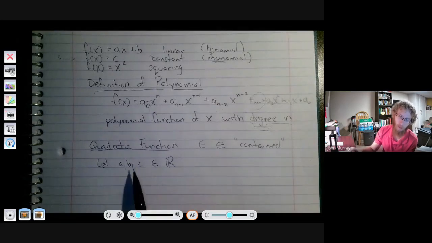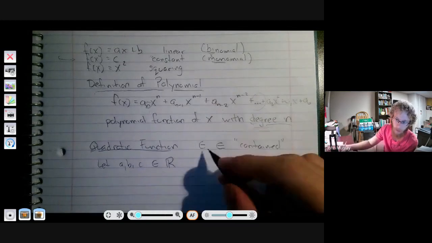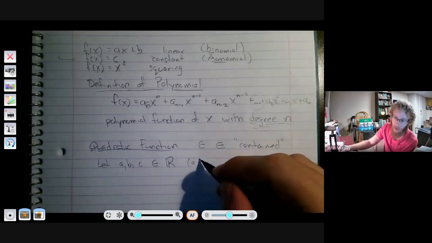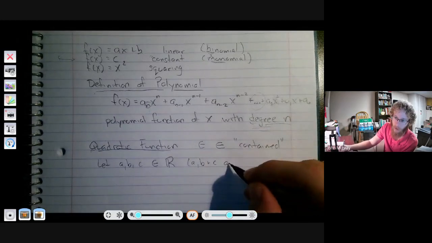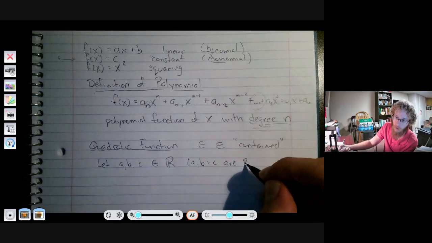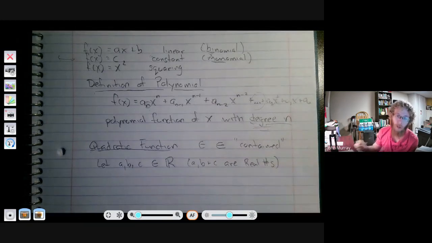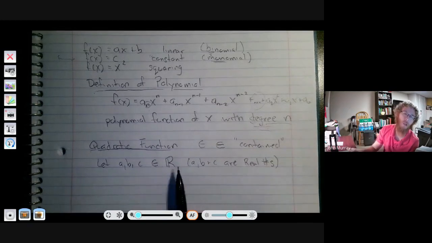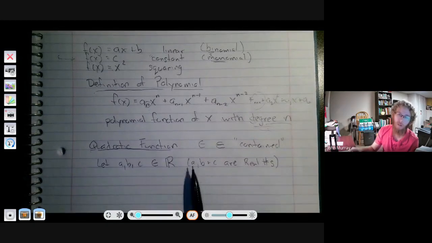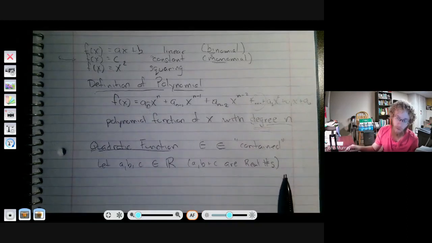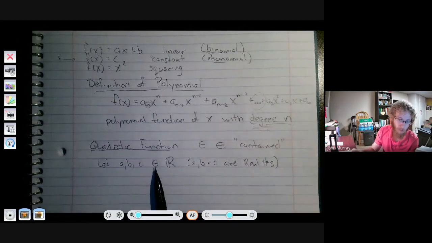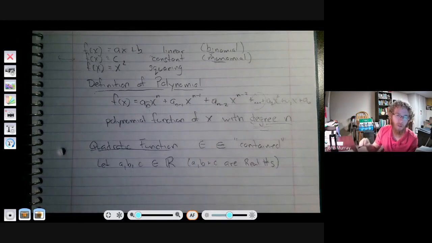It's translation. But if you see this, just know that this is saying that A, B, and C are real numbers, okay? Officially, this means A, B, and C are contained in the set of real numbers, but this just means A, B, and C are real numbers, okay? So if you see this in the future, just know that it means it's within that range.